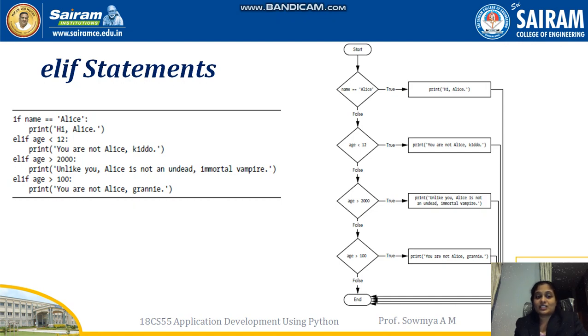If your age is greater than 100, then you may be Alice's granny or something. So for every true action you have a statement, and for every false action one more condition is checked. So it has multiple conditions checked for every false result.